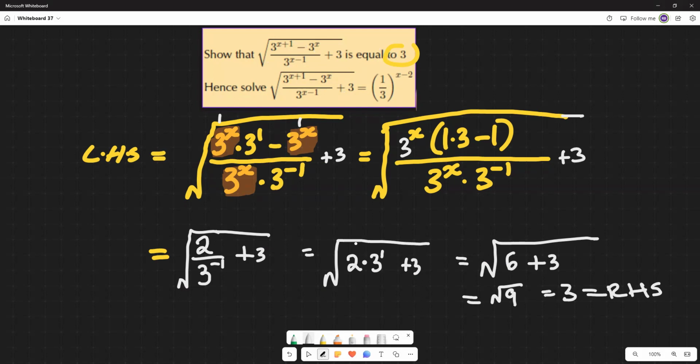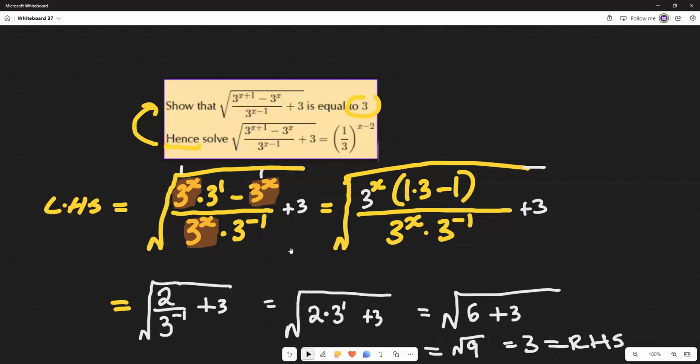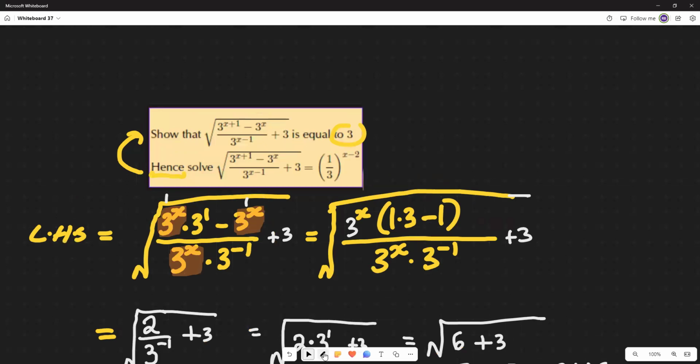All right? So in the next question, it's going to be easier now. Always when you see hence, you know that they mean use the question above. So because they're saying hence, I know that I'm going to use the question above. And let's say, ladies and gents, you were not able to solve this one. You don't skip this. You can still do this one, even if you were not able to do that.